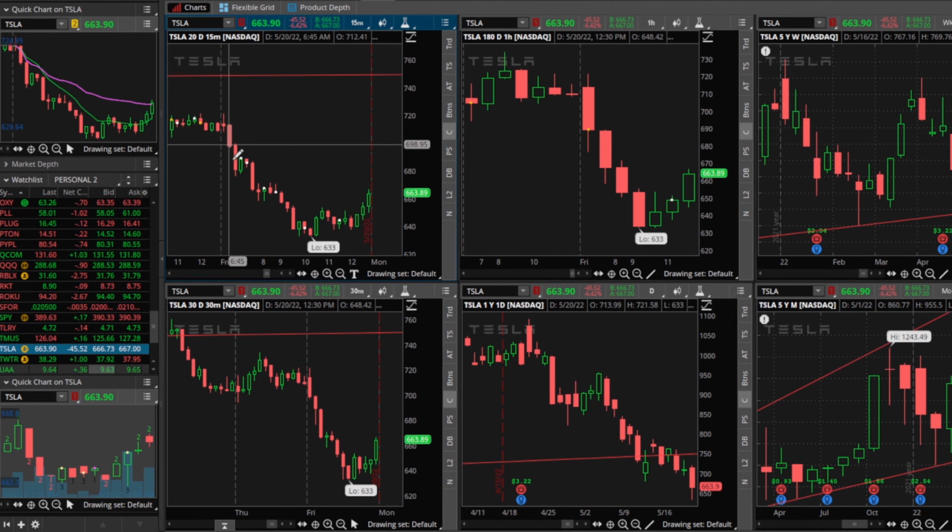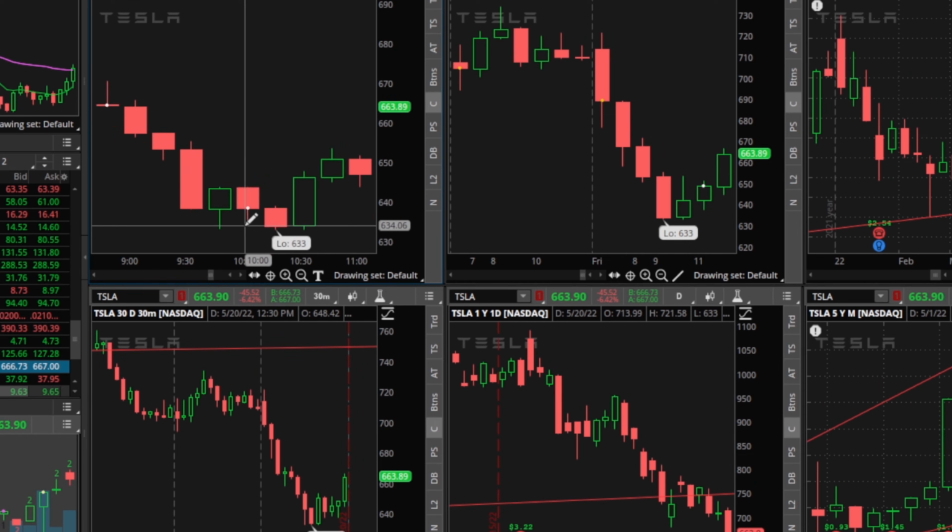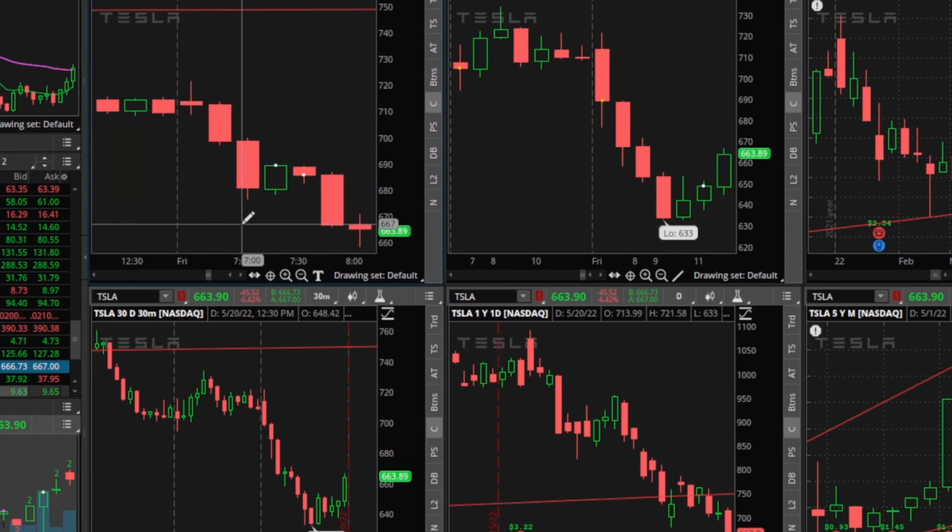Again, we're looking here. Let me blow this up a little bit so we can see exactly what's happening. At the beginning of the day, we had this candle, and then what you would do is wait for the break. Once it breaks to the downside below this candle, that's confirmation to get in short.